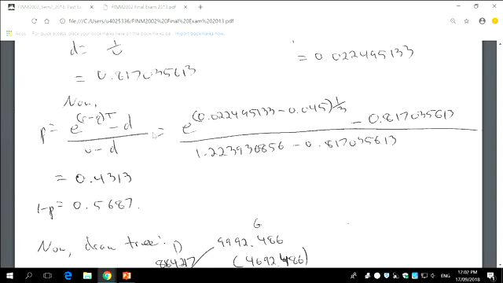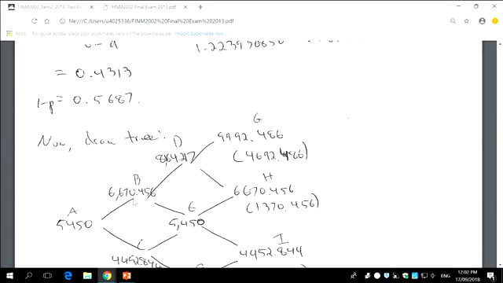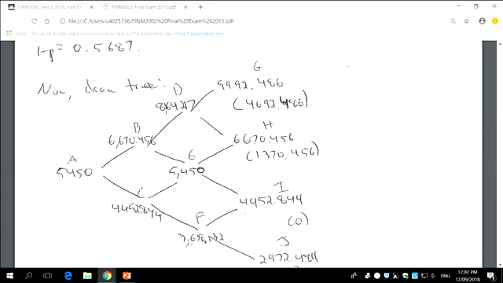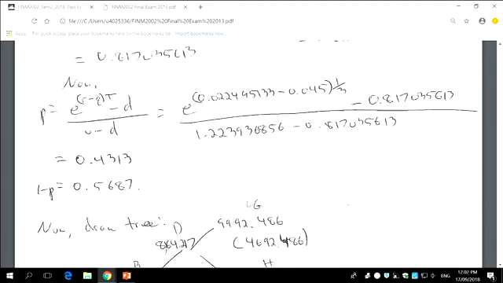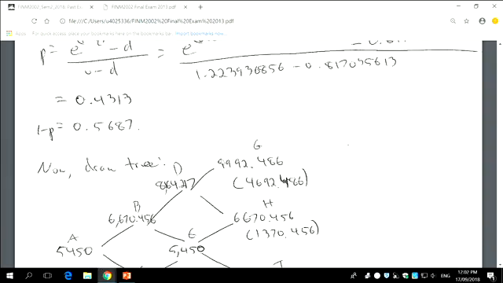So we had to go through and draw our tree. Remember it was a call option, and the exercise price was 5,300. So at node G, we say 9962.486 minus 5,300 gives me a payoff of 4692.486.